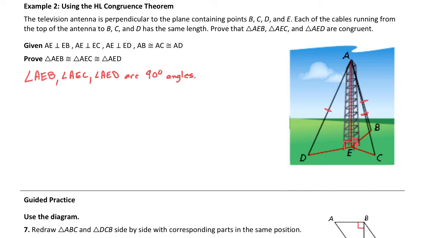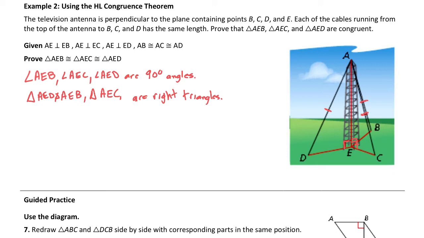So what that means is, since those are all right angles, that means that triangle AED, triangle AEB, remember the symbol, triangle AEC are right triangles. So that kind of sets the foundation for hypotenuse leg.